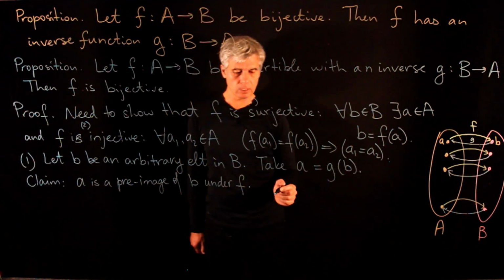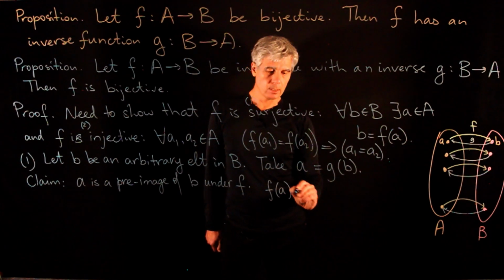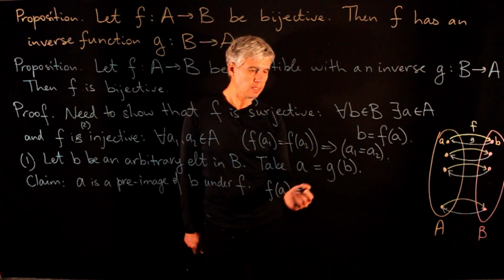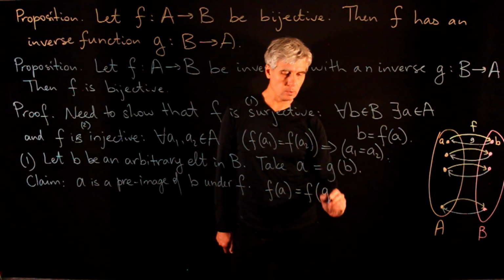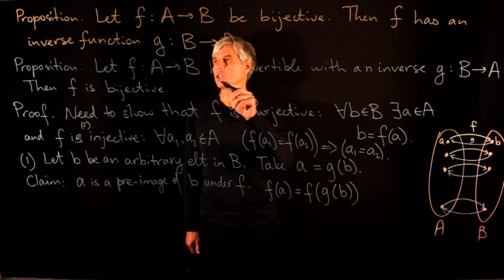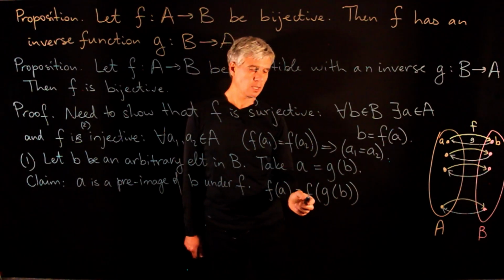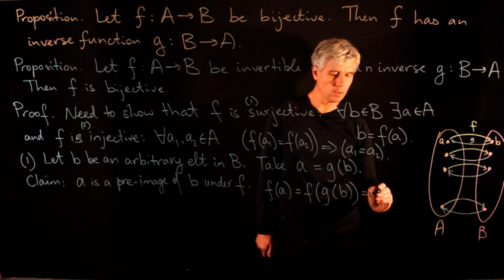For this, we need to calculate what f of a is. Well, f of a is f of g of b. But by definition of inverse functions, the composition of f with g is identity on the set B, applied to b.